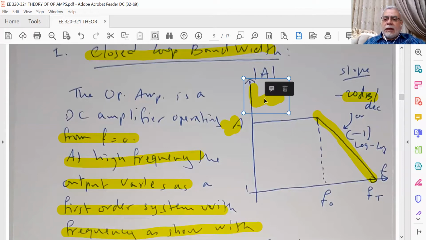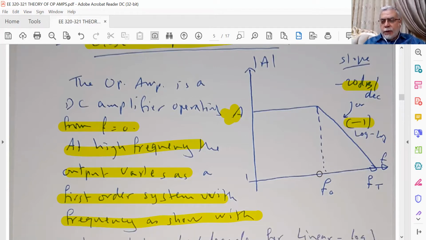So if we sketch this in log scale, here we have 20 log amplitude of A, and here we have 20 log frequency. So this slope will become equal to 1. And as you know, the slope is y2 minus y1 divided by x2 minus x1.